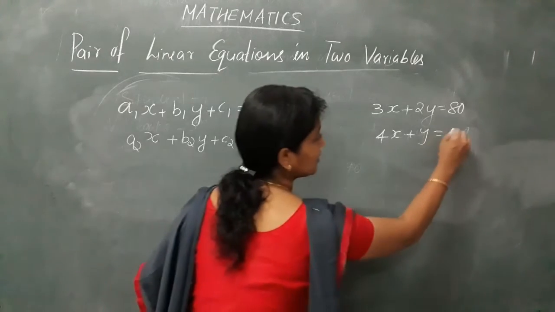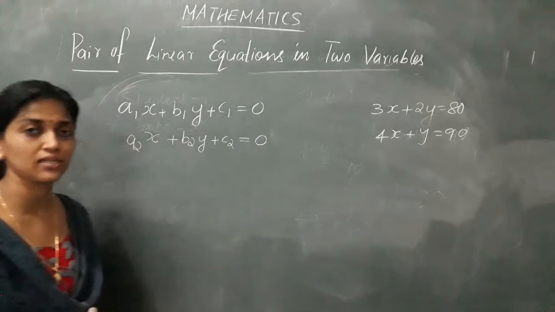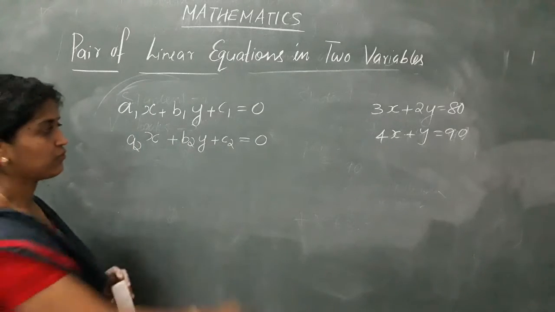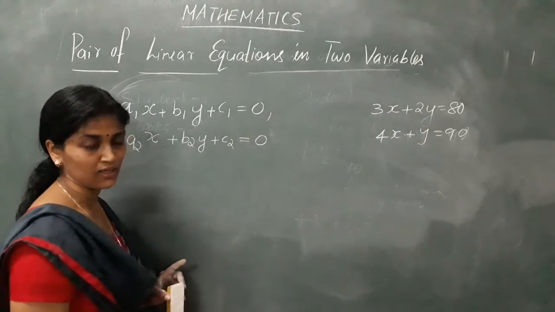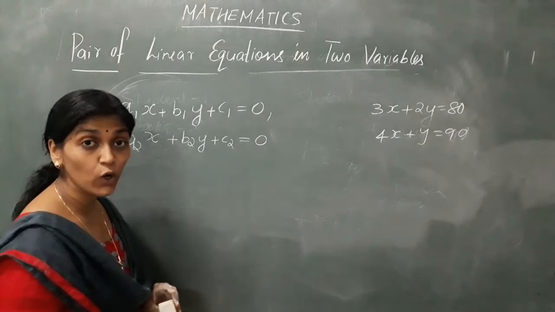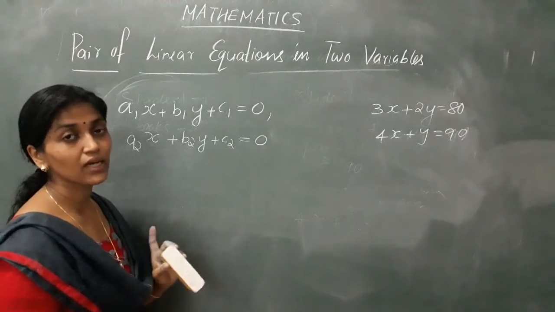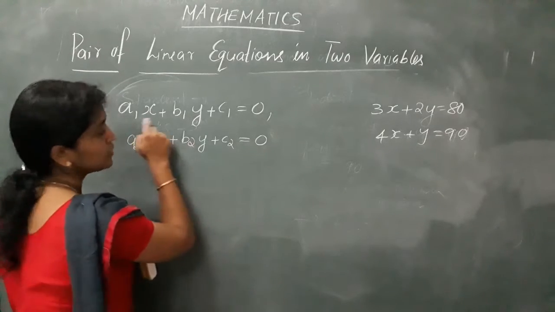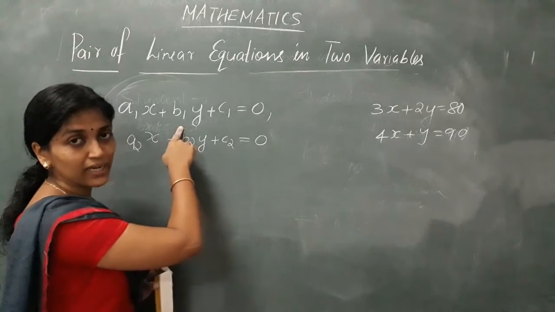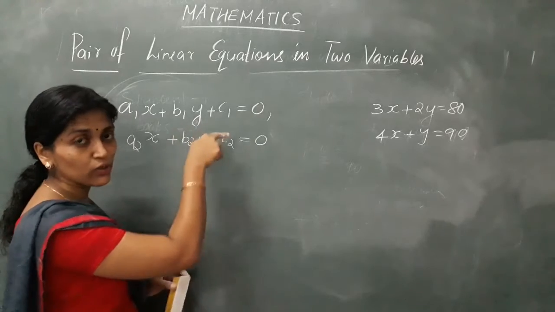Along with this we have to state the condition. What was the condition? A and b are not both 0. How can we write that a and b are not both 0? We represent it as a square plus b square not equal to 0.